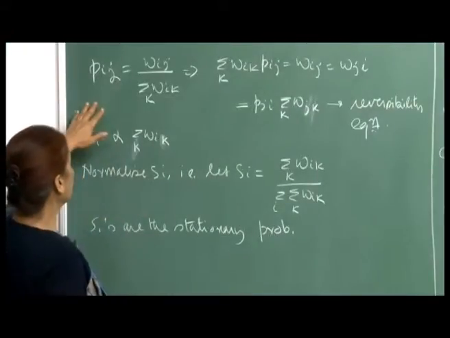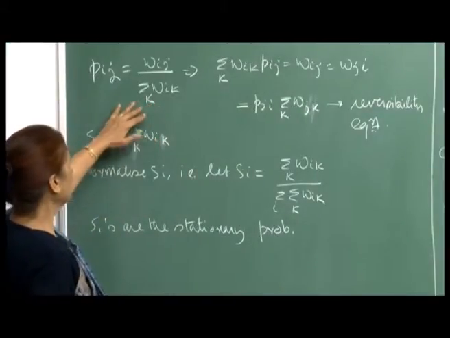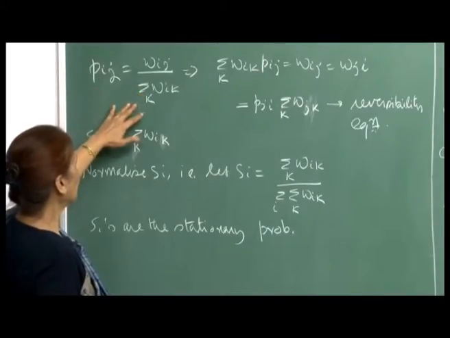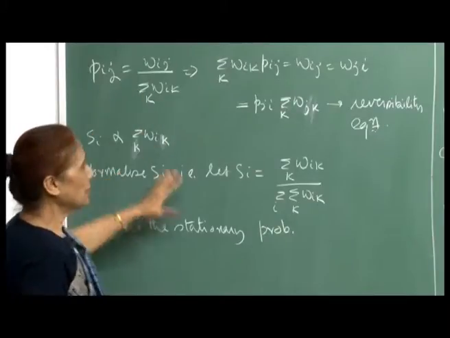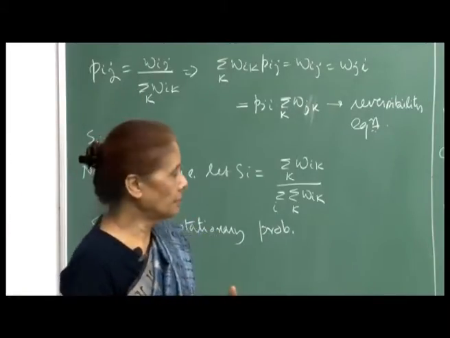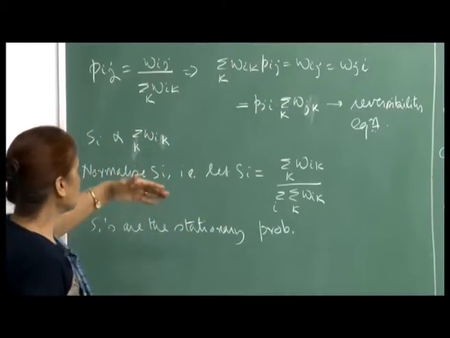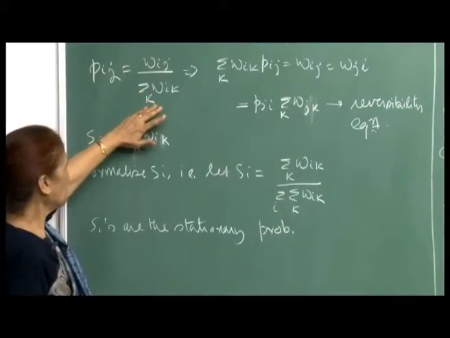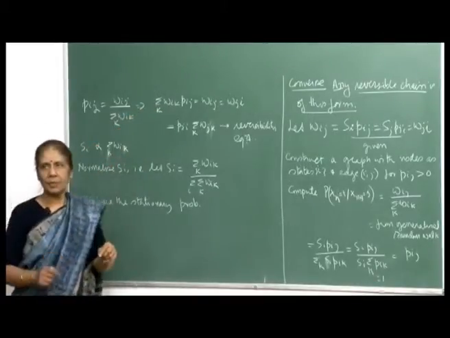So, with the weights attached to the edges, I define my Pij as Wij upon sigma k Wik. The notion of going along an edge being equally likely has been replaced by this: the weight of the edge ij, divided by the total weights of the edges incident on that node.